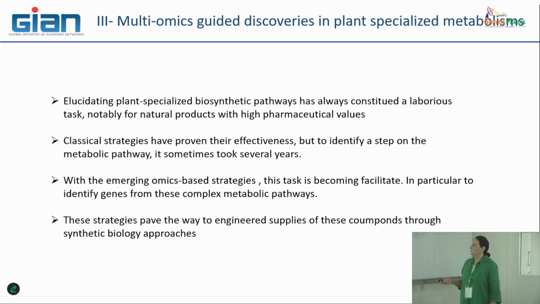And what is interesting is that as we have now considerably increased the number of genes known to be part of one or another metabolic pathway, we now even have enough material to engineer cells, in plant cells but also in other types of systems, what are named cell factories.